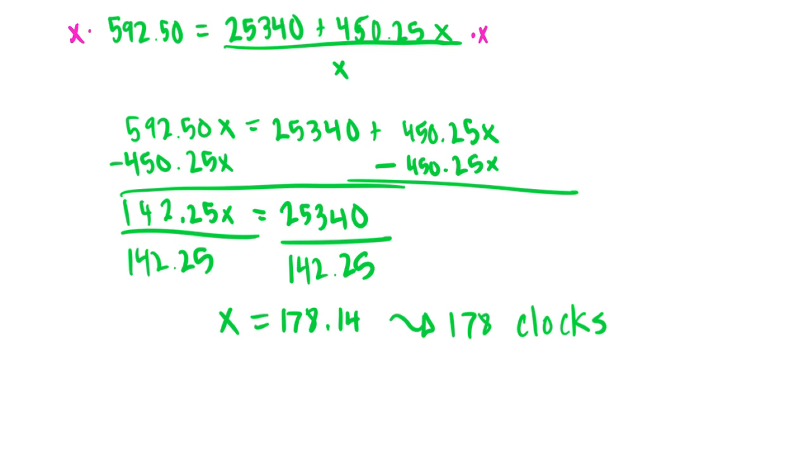So 178 clocks gives us about an average cost of $592.58. We needed to round it because we can only have whole clocks made. So there we go. That is question 6 and the end of page 3.